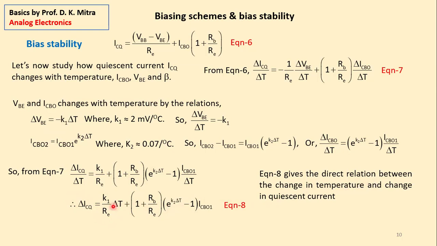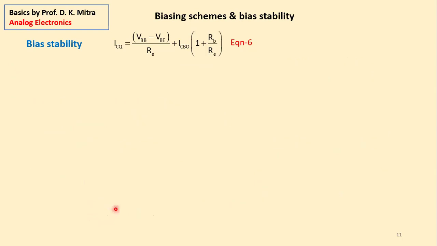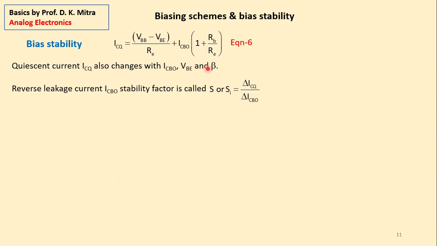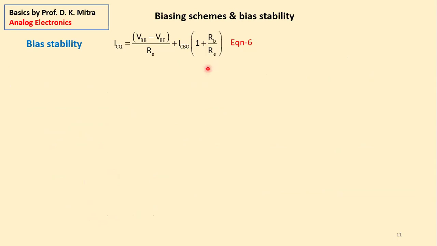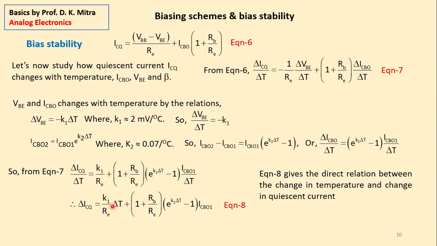In an earlier part of this presentation, we learned how ICQ depends upon beta. Now we are finding how ICQ depends upon the temperature difference del T. Now quiescent current changes with these three things. So we have got the final relation here, equation 8.